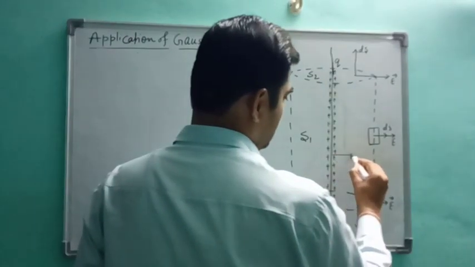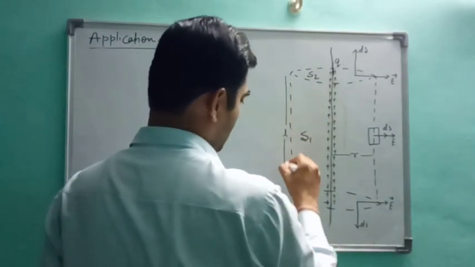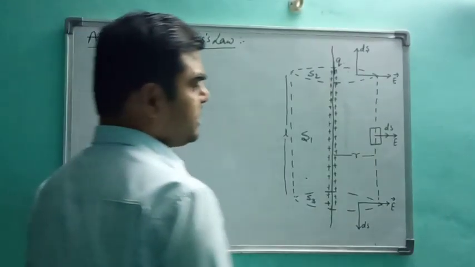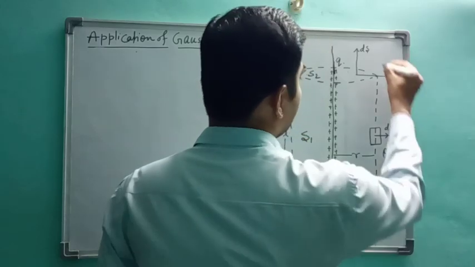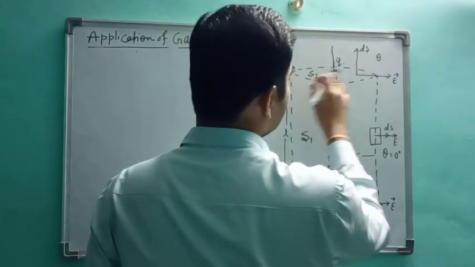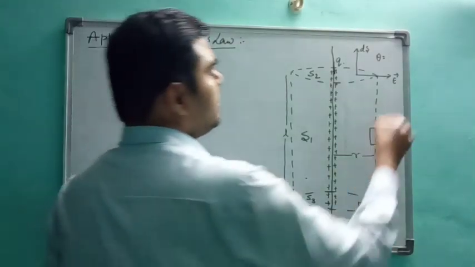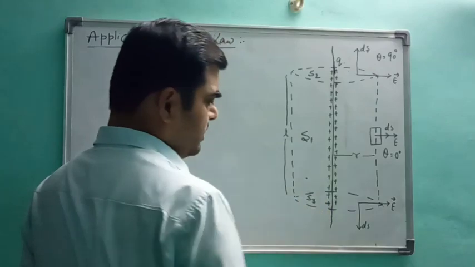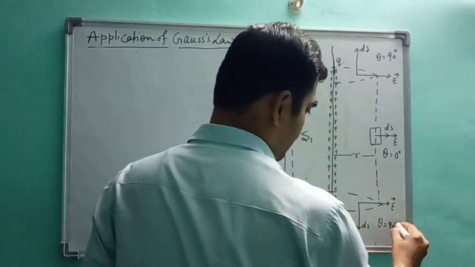The radius is small r and the length is small l. The first surface S1 makes angle theta equal to 0, S2 makes angle theta equal to 90 degrees, and S3 makes angle theta equal to 90 degrees.